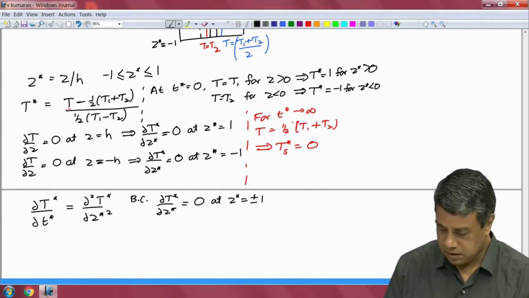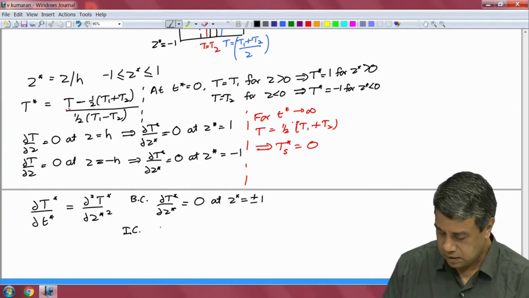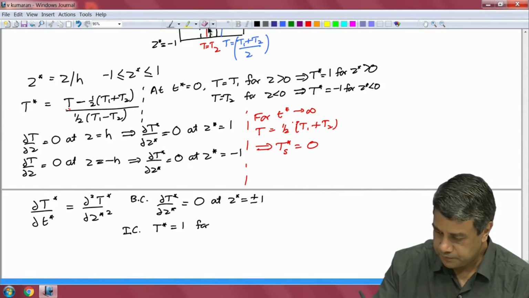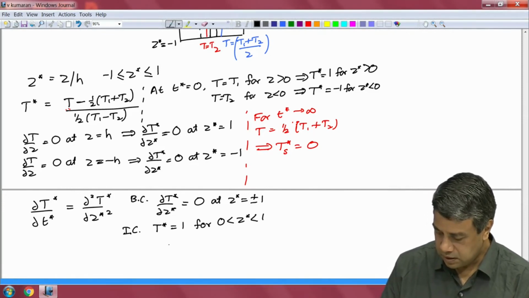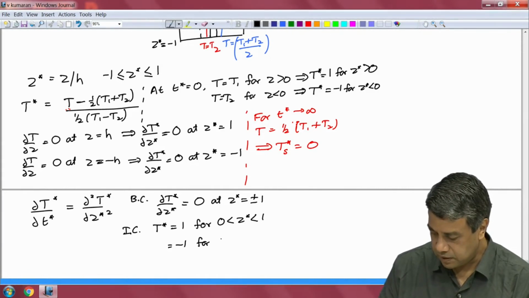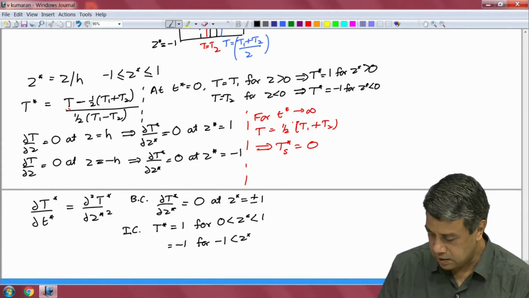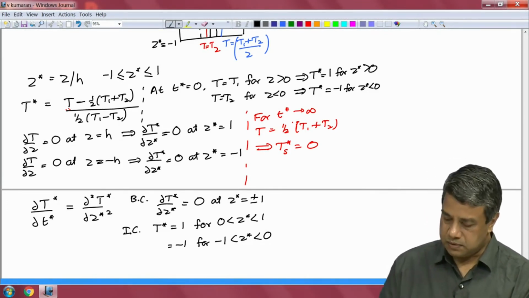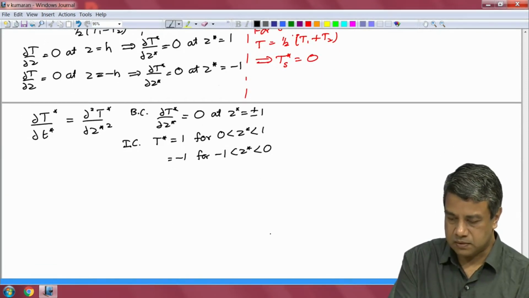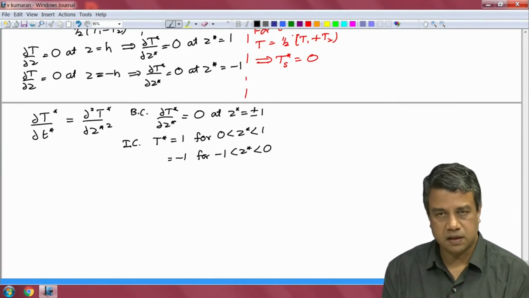Initial condition: T star is equal to 1 for 0 less than z less than 1, and equal to minus 1 for minus 1 less than z less than 0. So, it is equal to plus 1 on the top material, and equal to minus 1 on the bottom material. Those are the boundary conditions and the initial conditions.